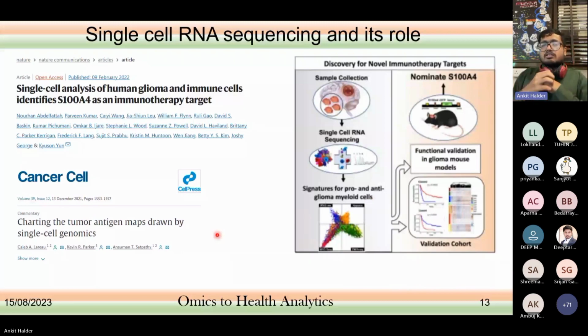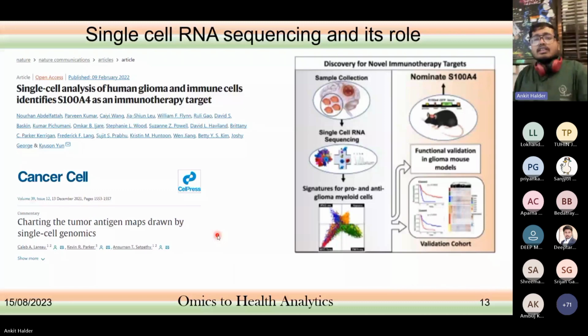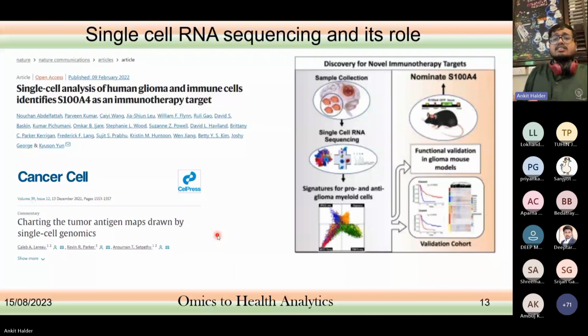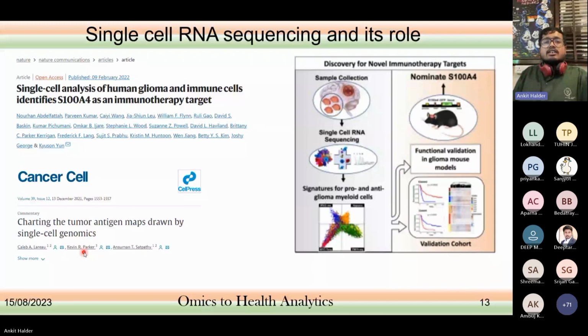Another good example is charting the tumor antigen maps. Single cell genomics is helping to understand those tumor antigen maps. Already in the immunosuppressive environment, if we get some hints and ideas that can be targeted, it is always useful.